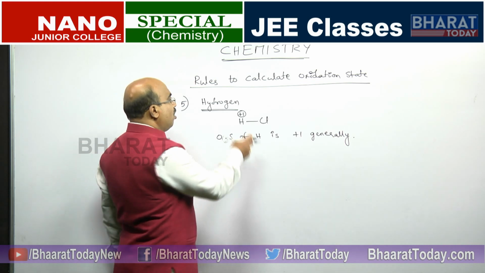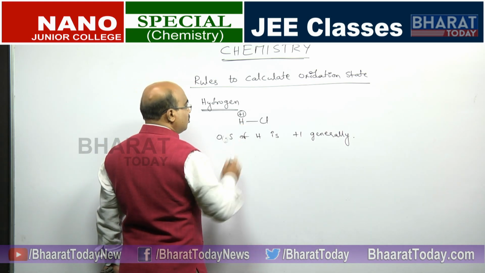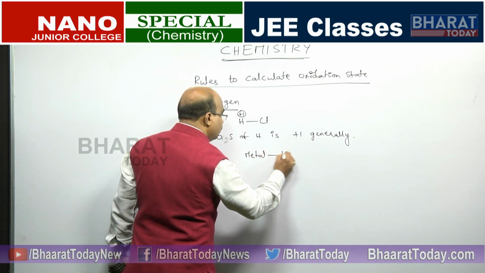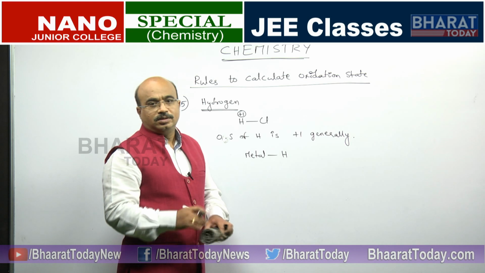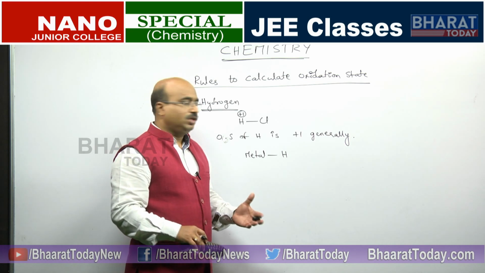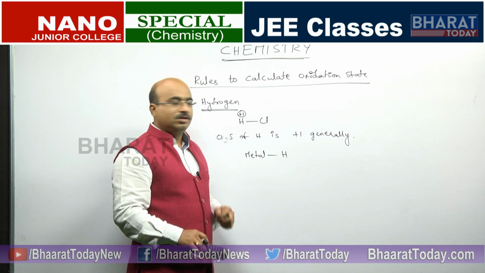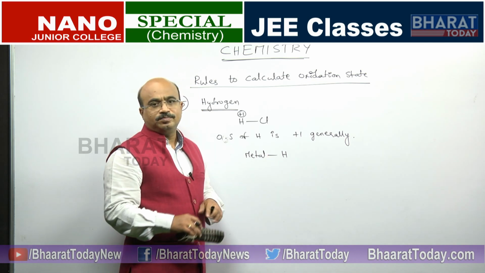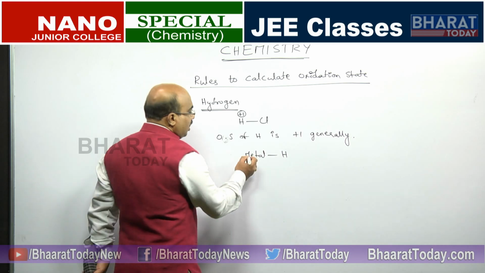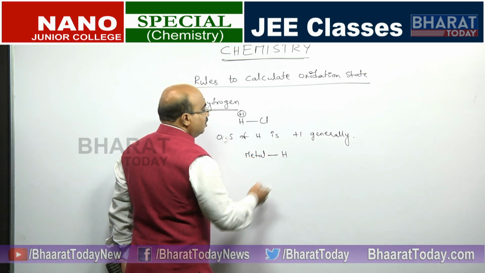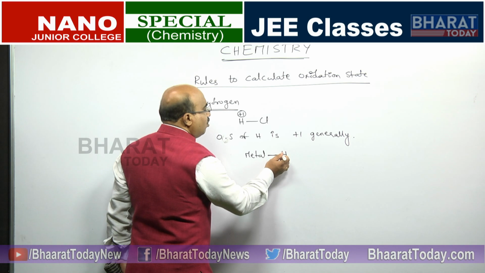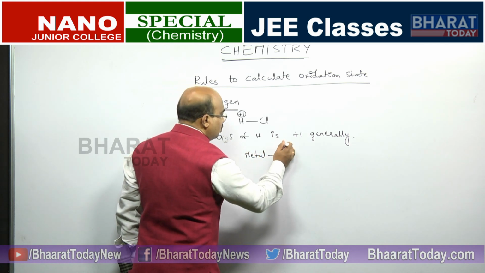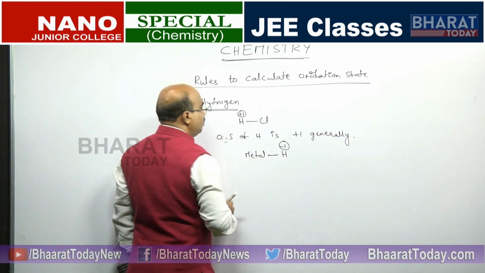But hydrogen may also sometimes be bonded to metals. When a metal and hydrogen are bonded, depending on the valency you may have 1 bond or 2 bonds with the metal, but hydrogen cannot have more than 1 bond. When a metal is there with a single bond to hydrogen, the hydrogen is more electronegative than the metal, so the charge on hydrogen will be -1.